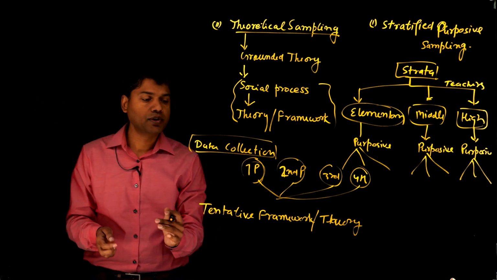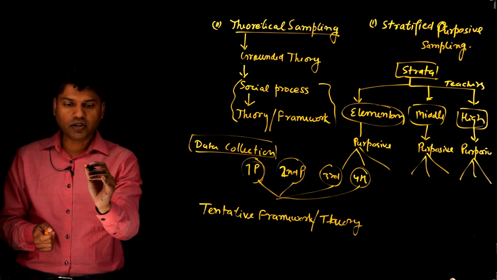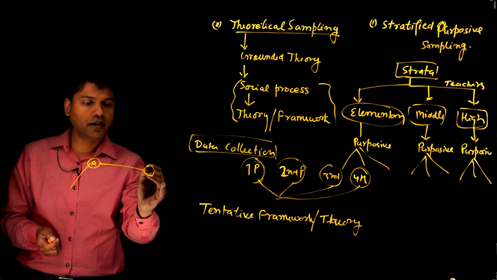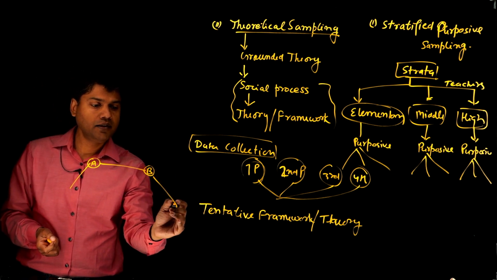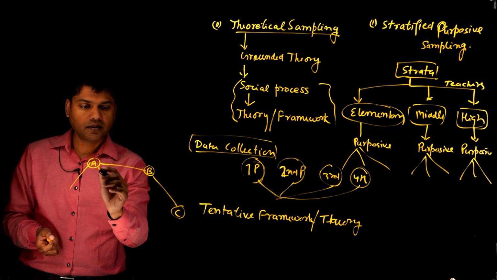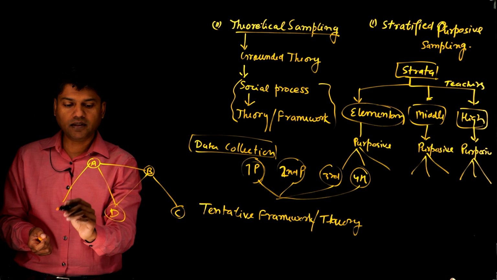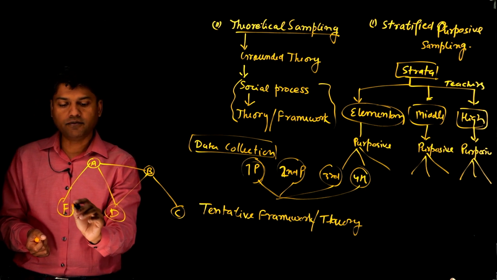And let me take a hypothetical example. So let's say you are developing a framework. There's just hypothetical variable A, factor B, C, D, let's say, and then let's say F here.